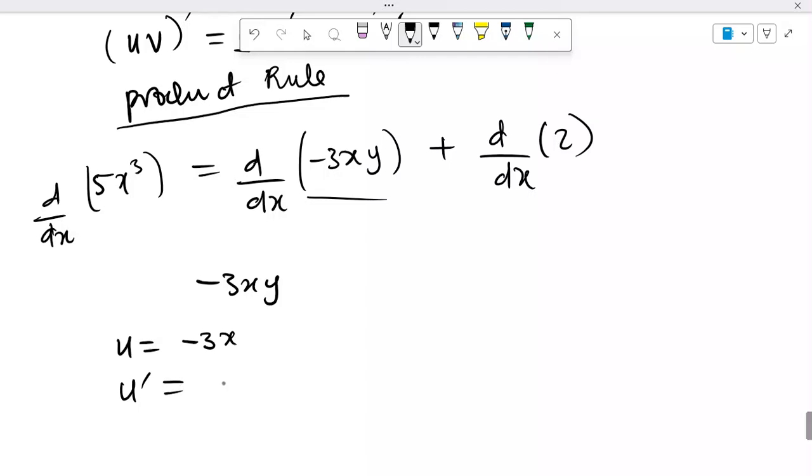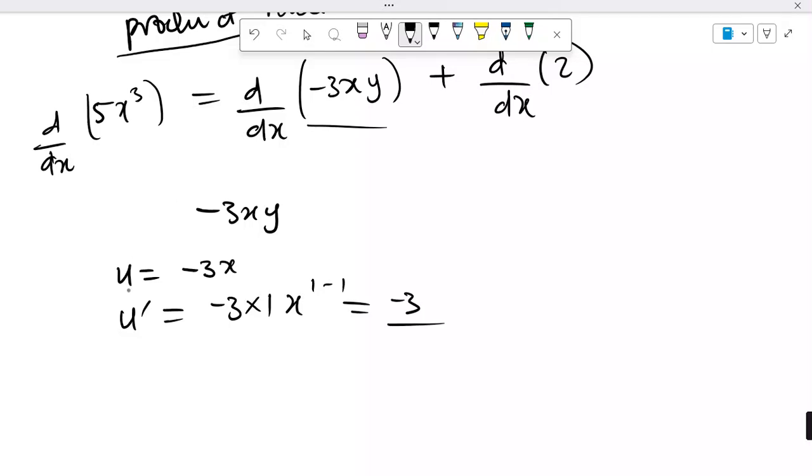When you differentiate this, it will be negative 3 multiplied by the power of x, which is 1, then x to the 1 minus 1. So negative 3, 1 minus 1 is 0. x to the power 0 is 1. So 1 multiplied by 1 multiplied by negative 3 is just negative 3.